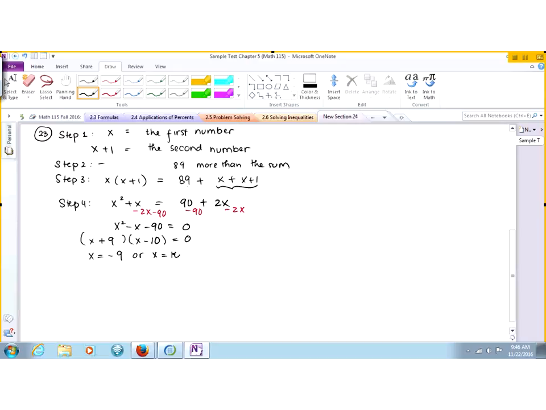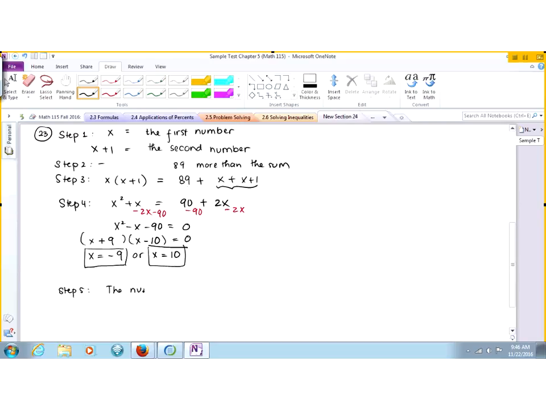Negative 9, or x is equal to 10. Okay. Which one? Are we talking about length or width here? No, if we're just talking about the numbers, right? So does negative 9 work? Of course, it is a number. How about 10? Does 10 work? Yes. Okay.